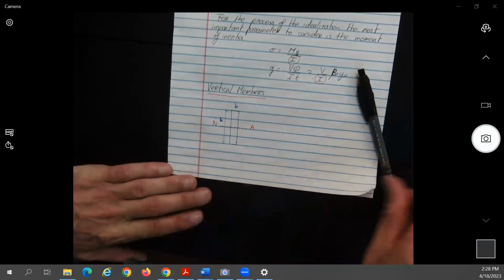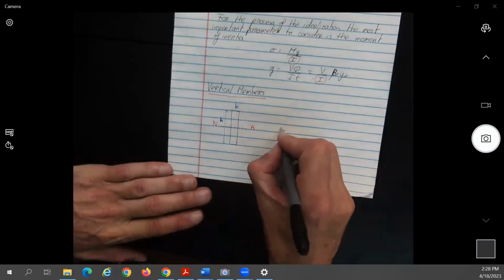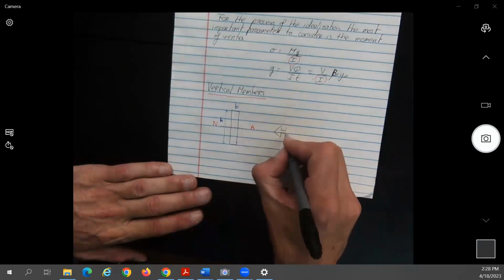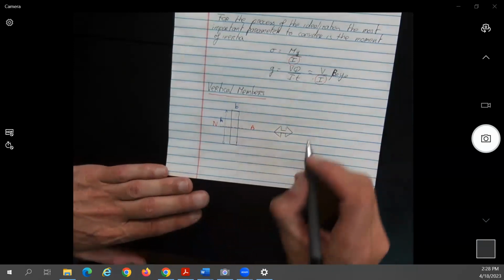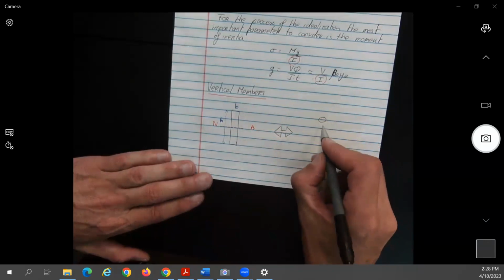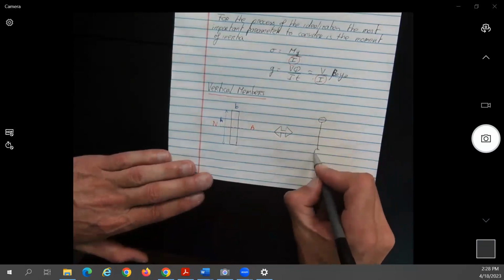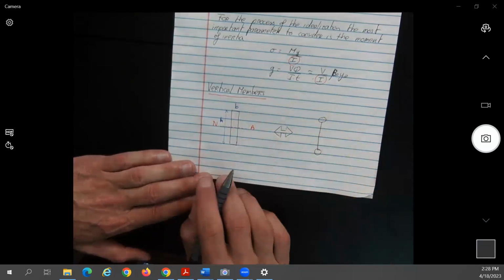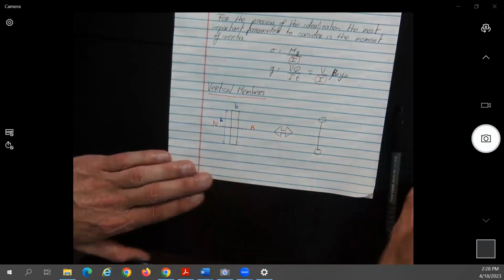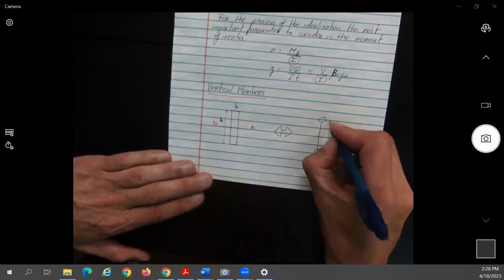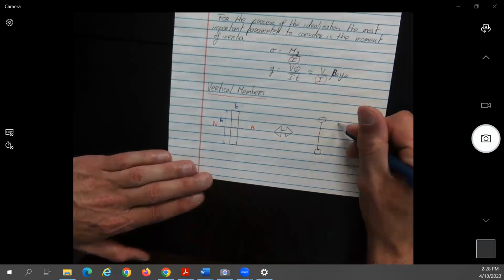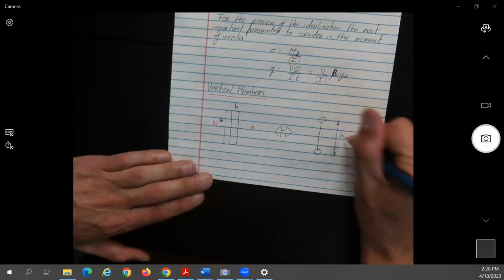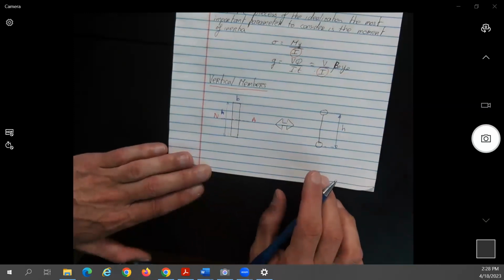So this is the real structure. We want to go to our idealized structure. That would be what? Something like this. So obviously, something extremely important to keep will be the geometries of the height.